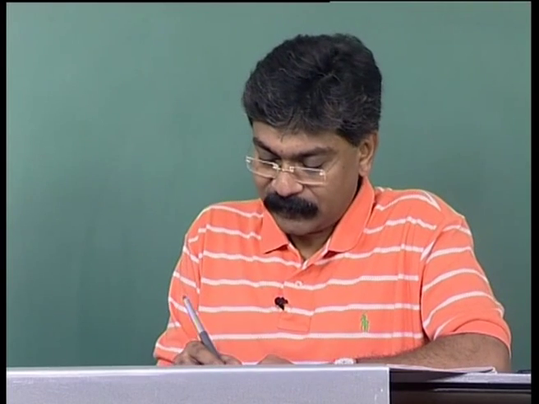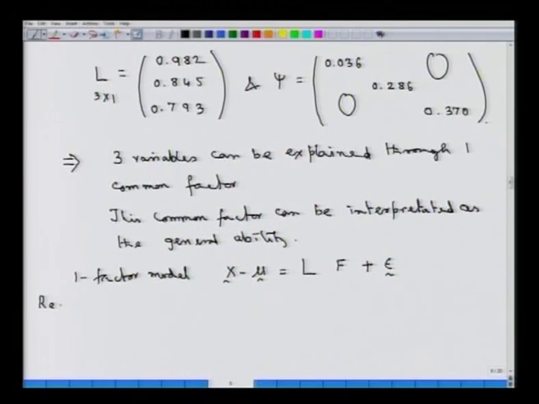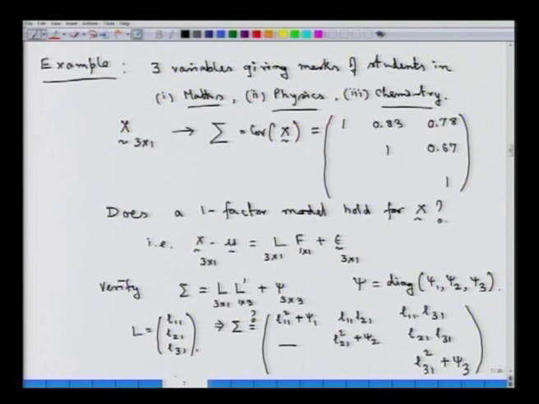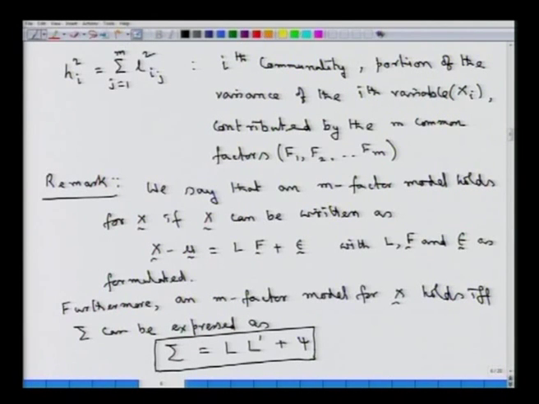Now, before we do that, let me give this particular remark here. We had given some numbers to the remarks, so let me just write this as remark number 1.